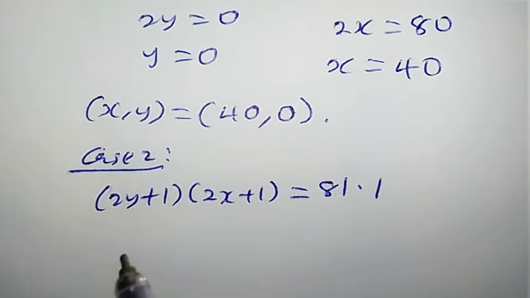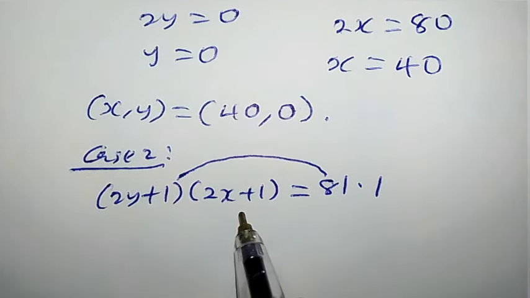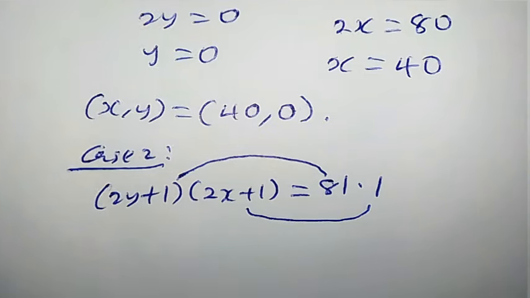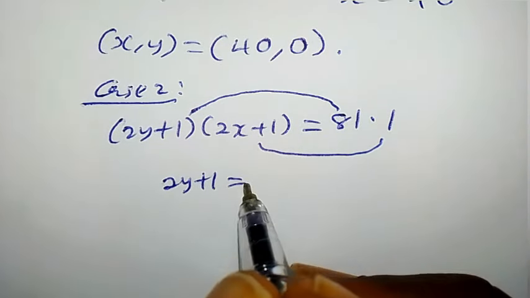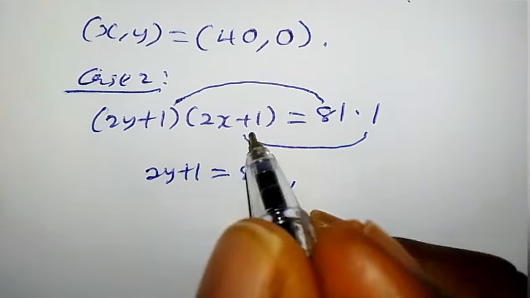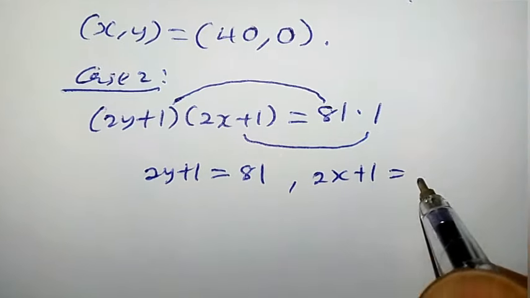By comparing, we are going to equate 2y plus 1 with 81 and 2x plus 1 with 1. So we have 2y plus 1 equal to 81 and 2x plus 1 equal to 1.